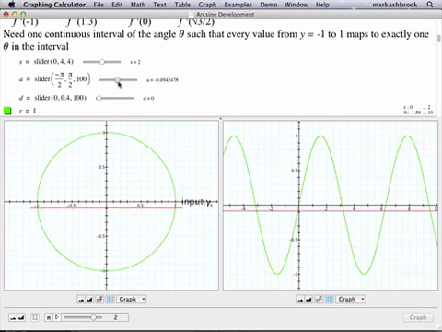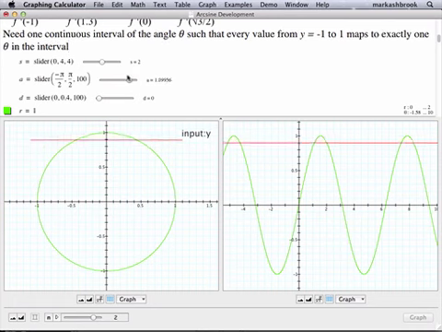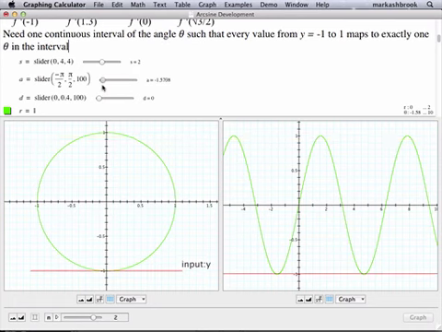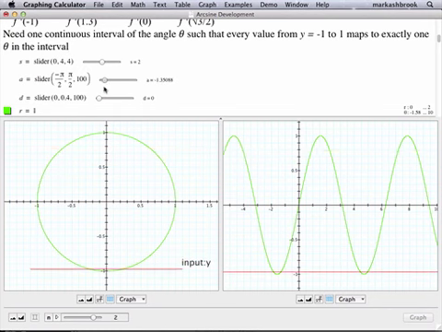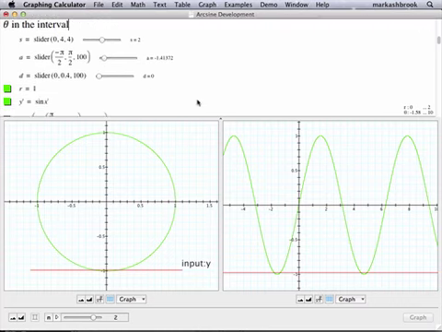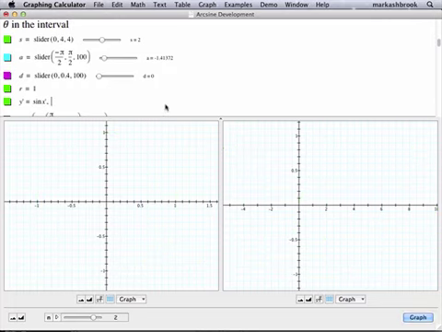I want to get just one angle for each of those inputs y. So what I need is some interval of theta that gets me just one angle for each input. He suggested from 0 to 2pi. Does it work? Let's try it.